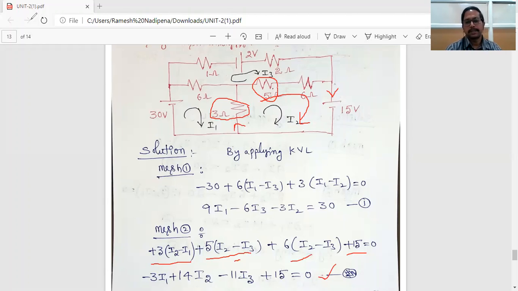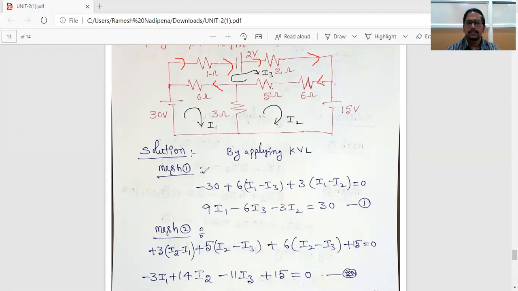Now let us write the mesh 3 equation. According to the I3 current direction, the first term is 1 into I3. Next, plus 2 into I3.